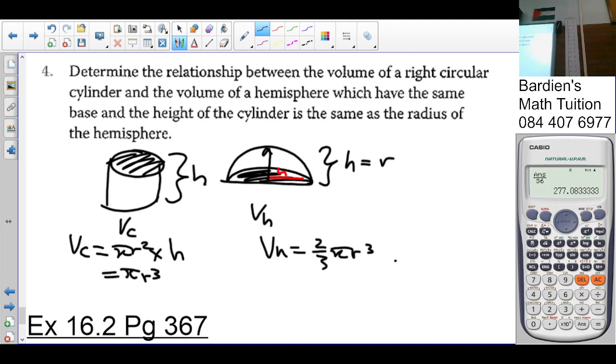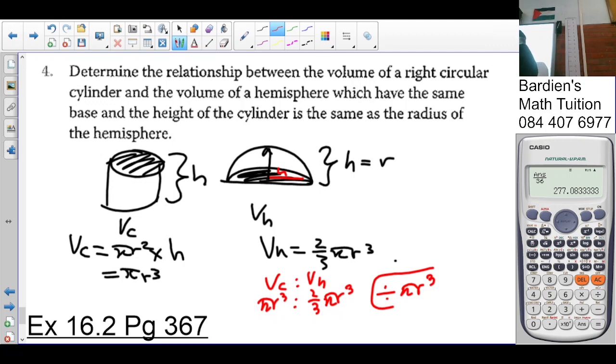So if we do the comparison, the volume of the cylinder to the volume of the hemisphere is pi r cubed is to 2 over 3 pi r cubed. So I can divide both sides by pi r cubed. So that's 1 is to 2/3, or we can multiply by 3, so 3 is to 2.